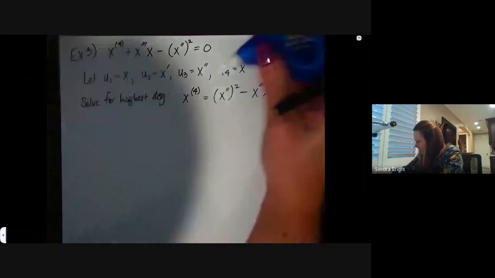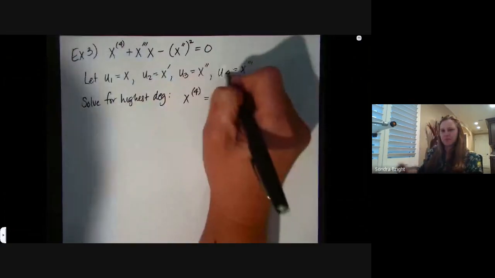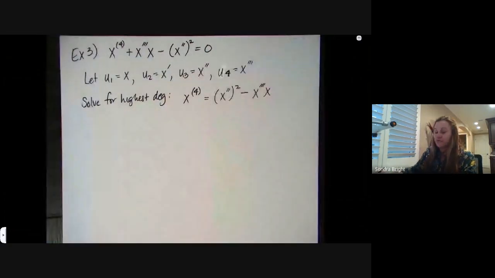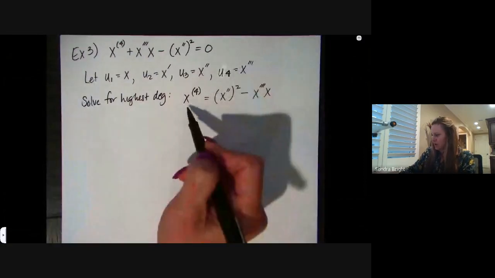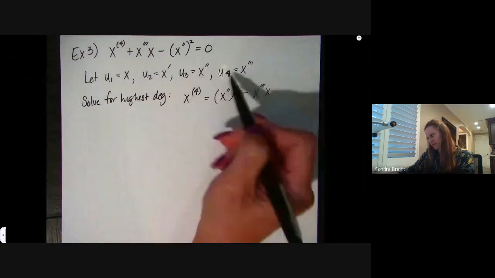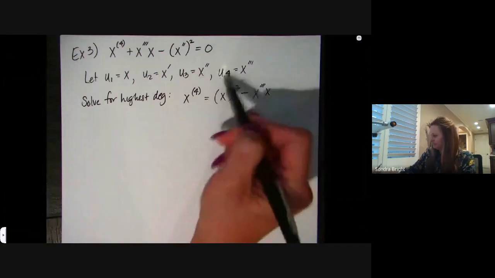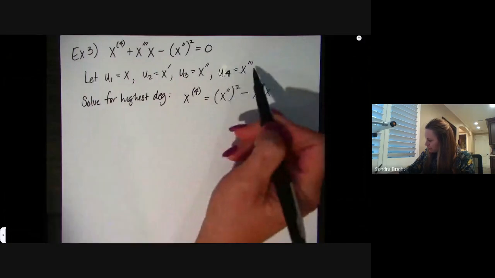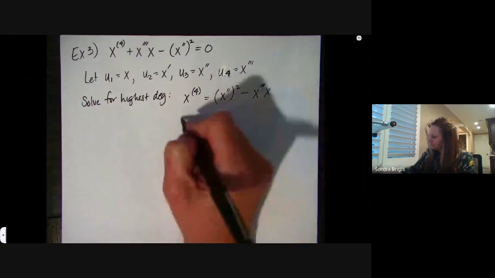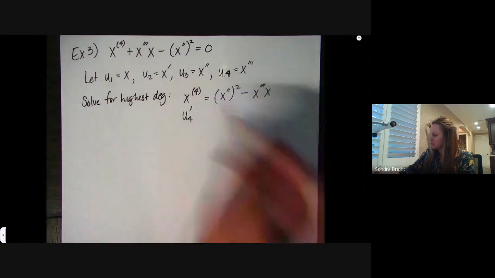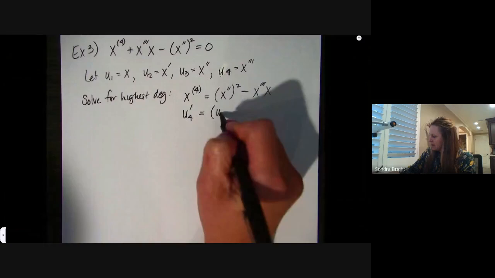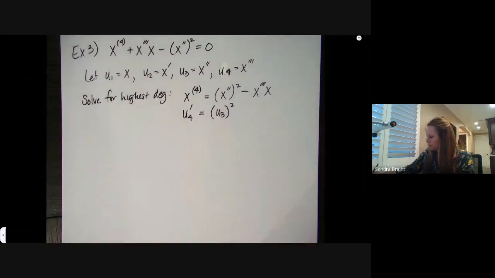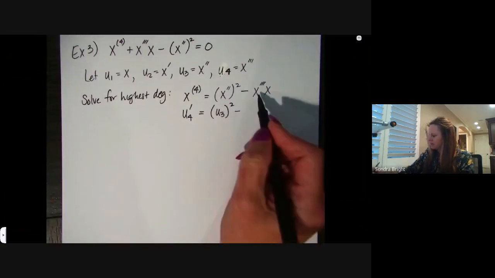Okay, there we go. u4 is the third derivative on x. So if I want the fourth derivative on x, that means it would be the first derivative of u4, because the first derivative would be the derivative of the third derivative. So this is first derivative of u4. Second derivative of x we called u3. And we're going to square it. And then minus third derivative we called u4. And x we called u1.